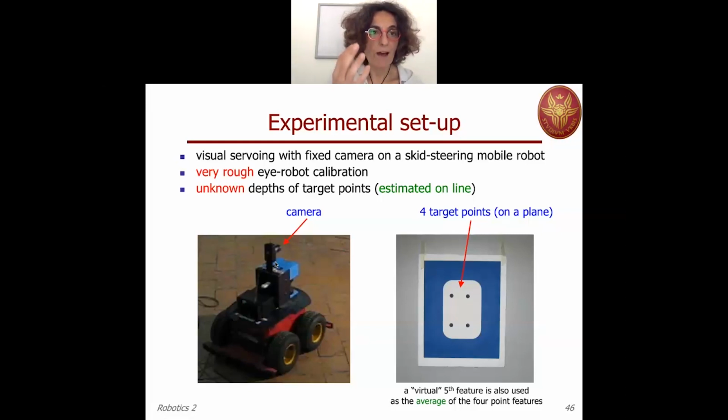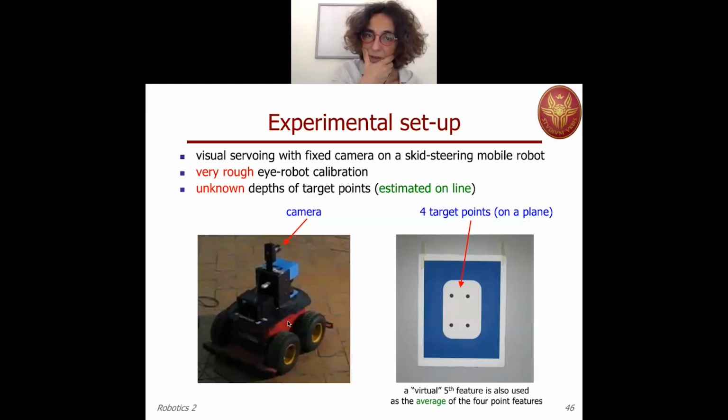So it's an eye-in-hand configuration. A very rough eye-robot calibration has been performed. So the image Jacobian is known with some approximation. Okay, so we have the J hat rather than the J.